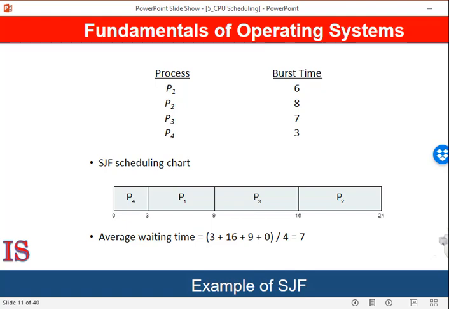So the average waiting time is (3 + 16 + 9 + 0) / 4, or 7 milliseconds. By comparison, if we were using first come, first serve scheduling, the average waiting time would be 10.25 milliseconds.